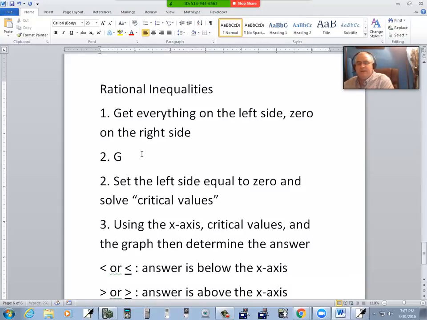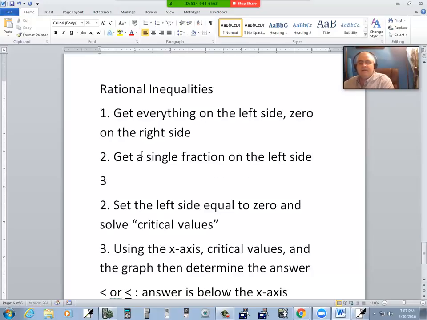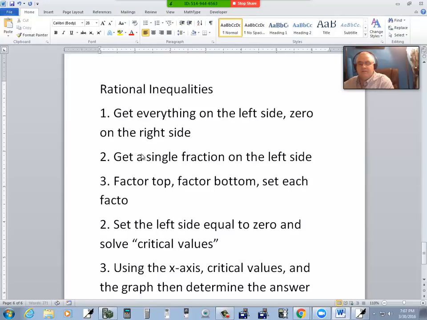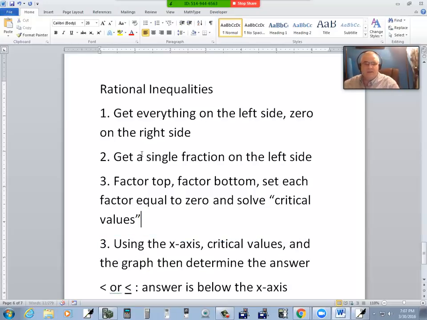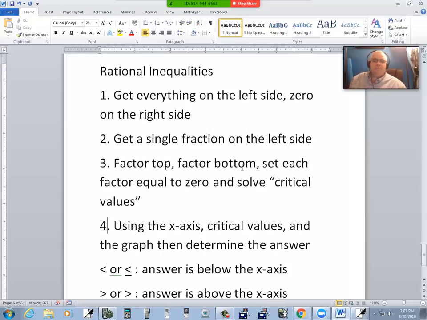Step 2, get a single fraction on the left side. Step 3, factor the top, factor the bottom, set each factor equal to 0, and solve. And again, these are our critical values. Then our last step is still the same, but it becomes step 4.